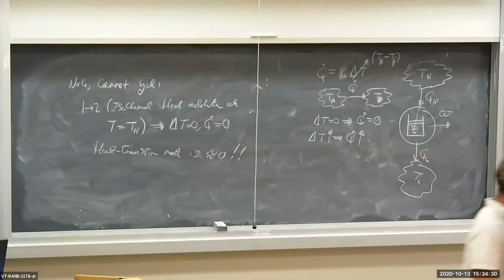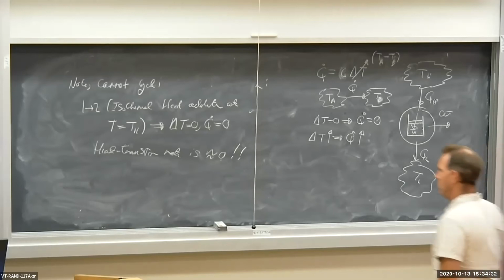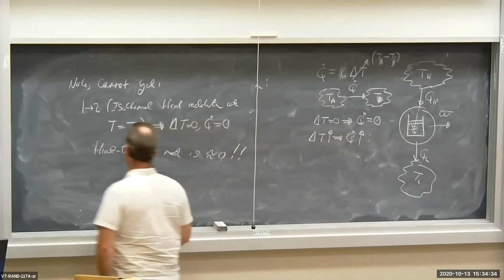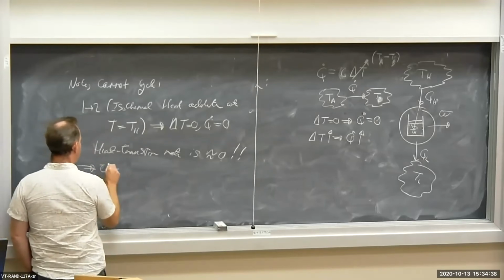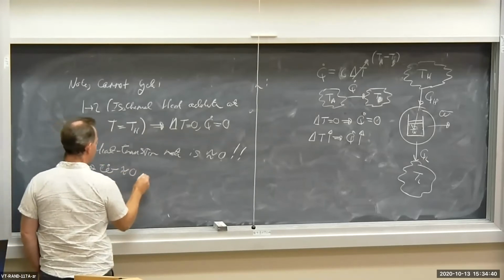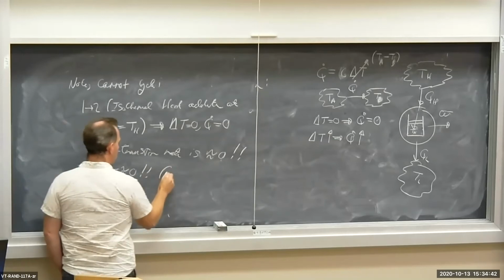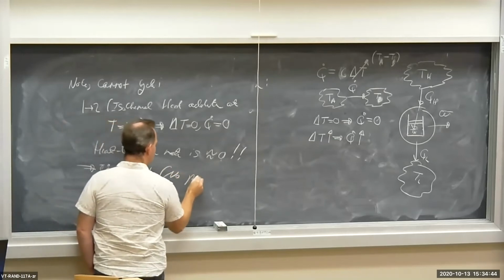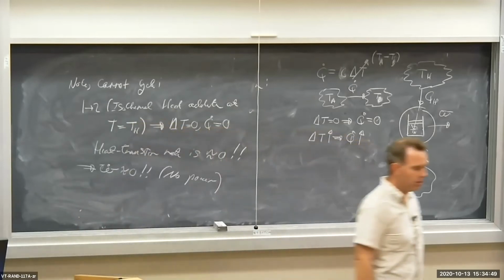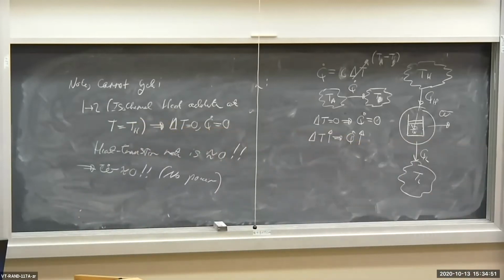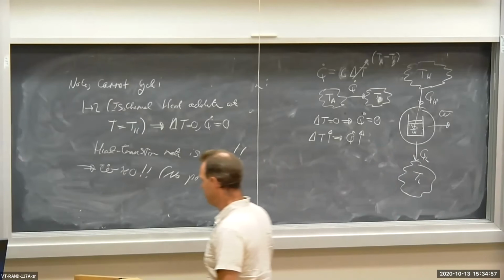Power is work per unit time. Heat transfer is approximately 0. Therefore, W dot is approximately 0. No power. The Carnot cycle is very efficient, but if we try to build one, it will produce 0 power, approximately.